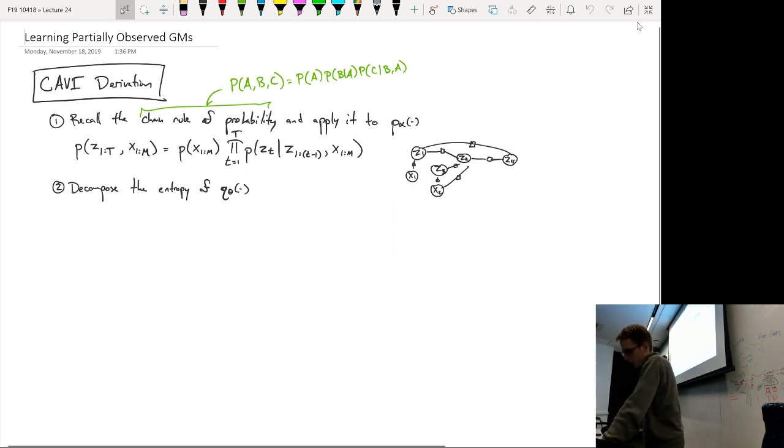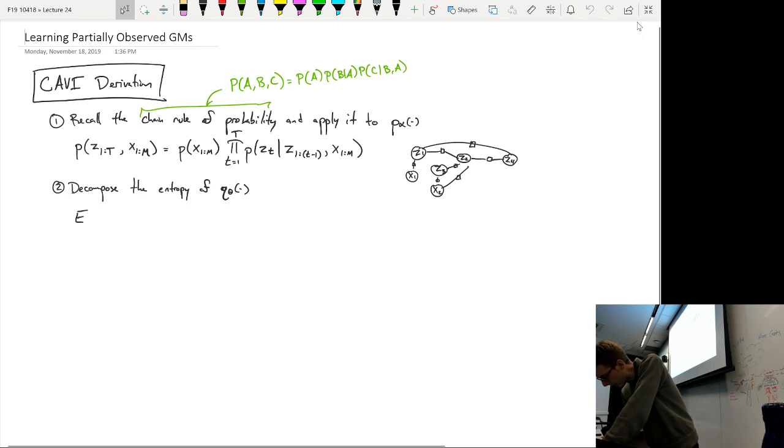And so the q distribution that we're working with, we're going to say that the ELBO consists of two terms. One is expectation under q of log p of x and z, and the other is expectation under q of log q. So that's the one that we want to work with.